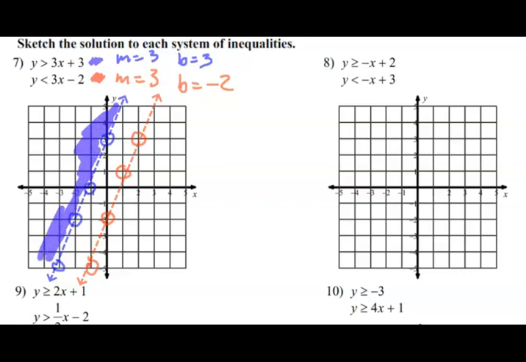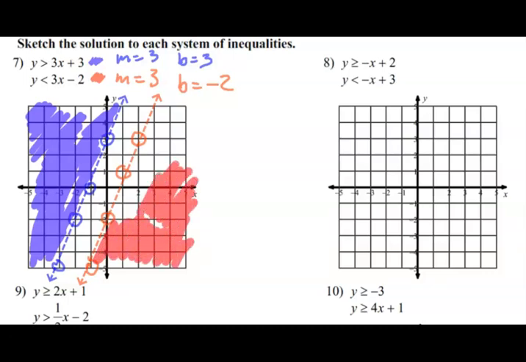So we'll shade on that side. The red one is less than, so we're going to shade below that. Now notice there is nowhere that is shaded with both colors. There's no purple here. So that means there's no solution.